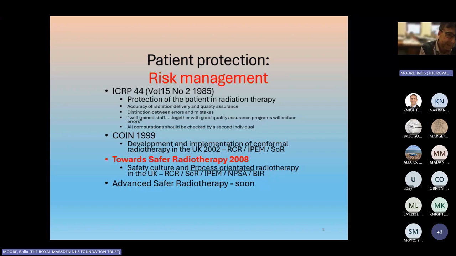In that way, the radiotherapy world has improved by improving the optimization. And as I mentioned, Advanced Safer Radiotherapy is an evolution from Towards Safer Radiotherapy, and that is under construction by the team at the UK Patient Safety Authority now.